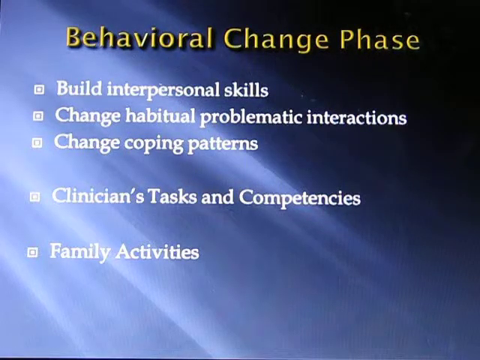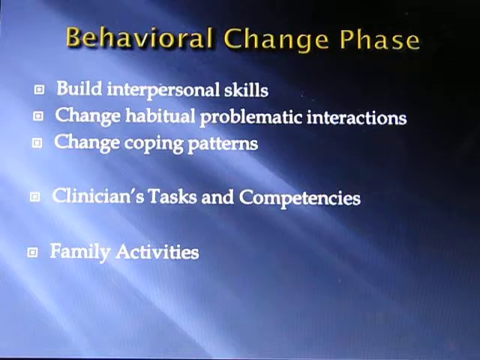this is the point where the goals are built for interpersonal skills. You're going to want to build goals for changing habitual problematic interactions, and you're going to want to change coping patterns so families respond differently if a problematic interaction arises.